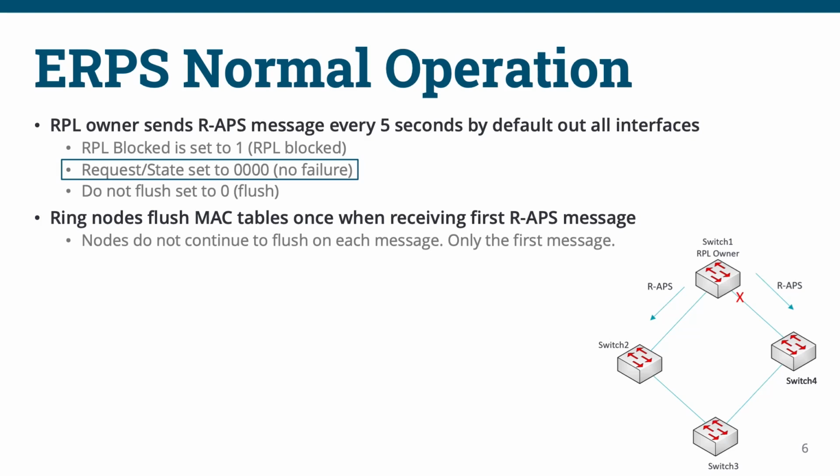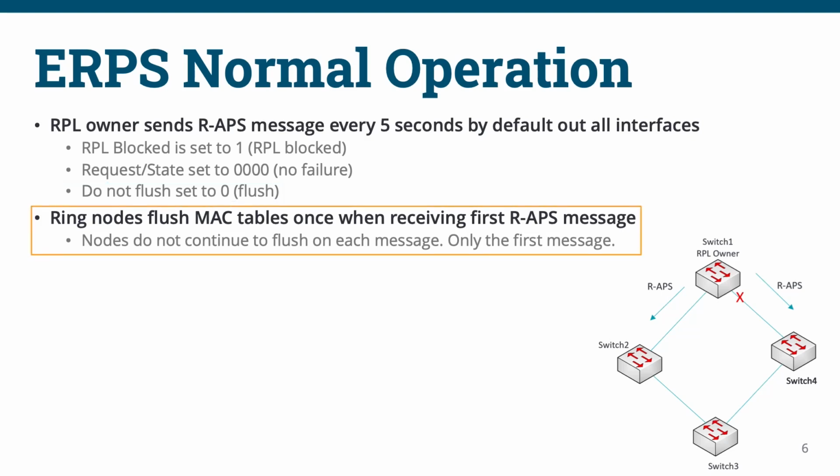Something contrary to intuition is the do not flush flag is set to 0, indicating participating switches should flush their MAC tables. The participating switches only flush their MAC address tables the first time this message is received, and do not continue flushing on subsequent messages.